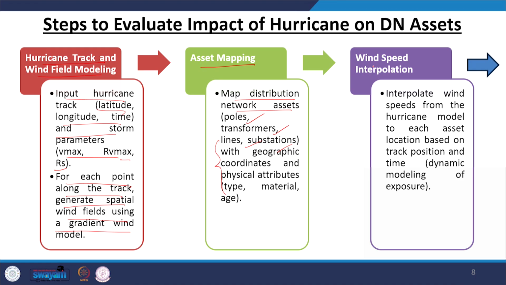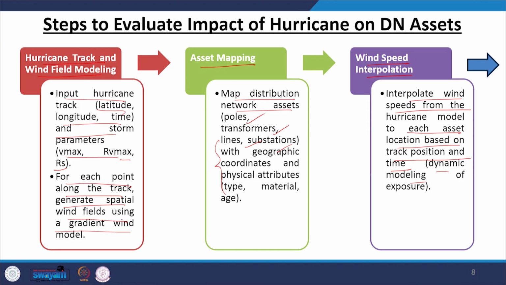Okay. Then wind speed and interpolation. So, interpolate the wind speed from the hurricane model to each asset location based on the track position, time and their dynamic modeling. That means, see at which direction that component or facility comes, how much distance it is from the eye of your hurricane, and from there you will get the wind speed it is facing.